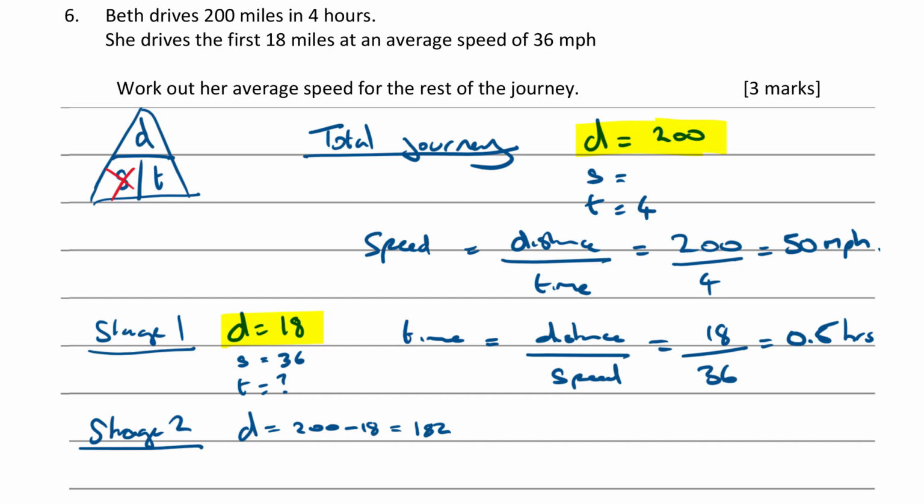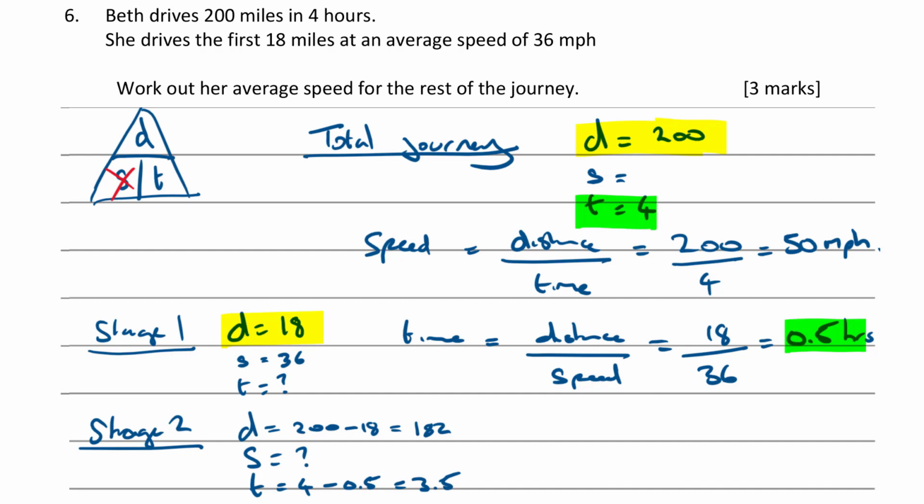Do we know the speed? No, that's what we're trying to find. Do we know the time? Well, again, we know that the time for the whole journey was 4 hours. We've just calculated the time for stage 1 to be half an hour. So that leaves us with 4 subtract half an hour. That leaves us with 3.5 hours then, doesn't it? For the second stage of the journey.